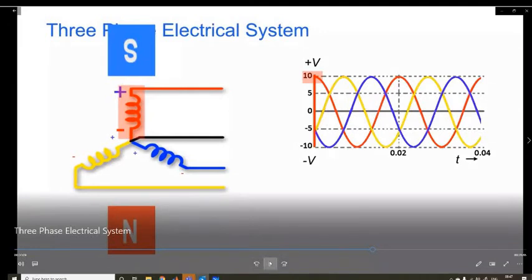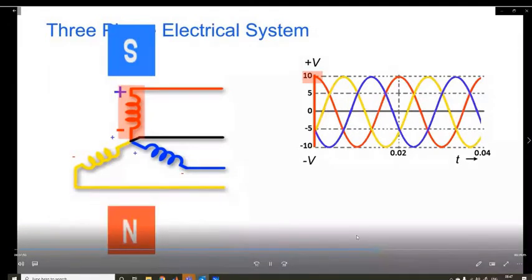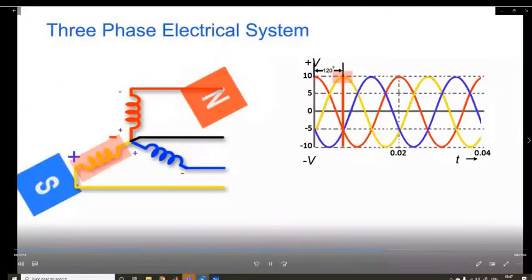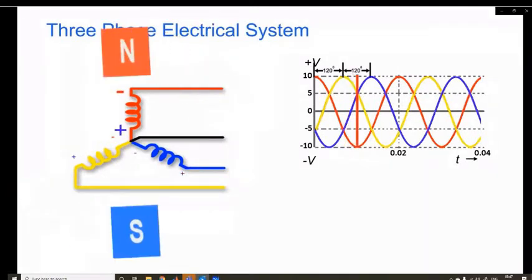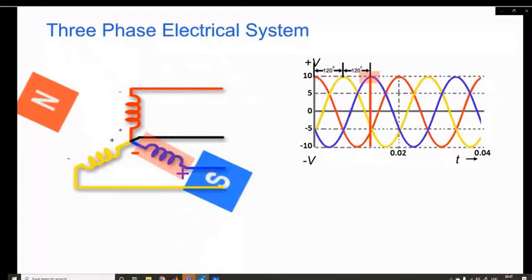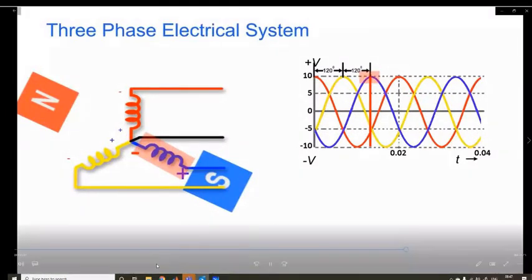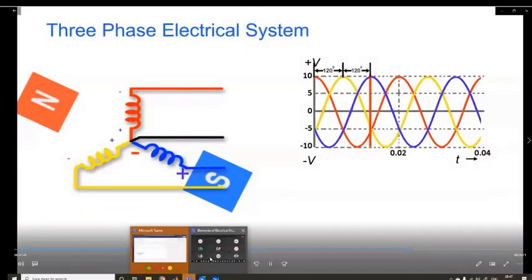Let's continue to listen. After 120 degrees, the EMF, or we can say voltage, of the yellow phase achieves its maximum magnitude, and similarly after another 120 degrees, the voltage of the blue phase becomes maximum. The similar phase difference can be seen in the negative maximum amplitudes.